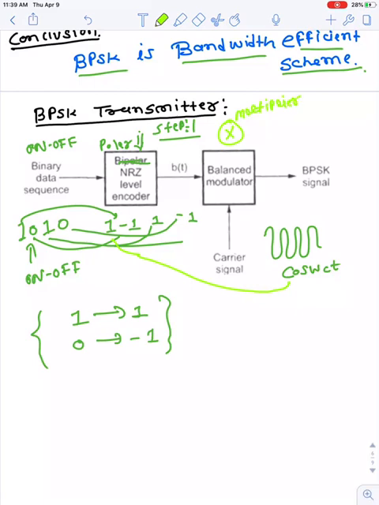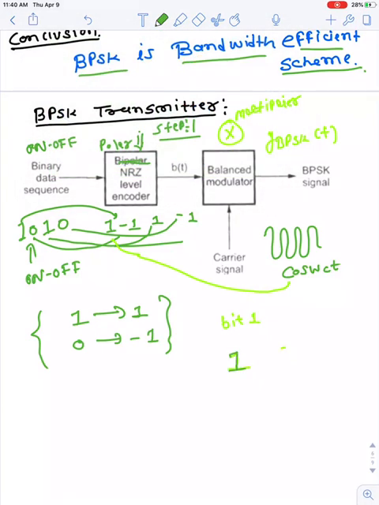After multiplication, if there is a bit 1 and it is multiplied with the carrier signal, what you are getting here, if this is my y BPSK signal, is simply defined as cos omega ct.